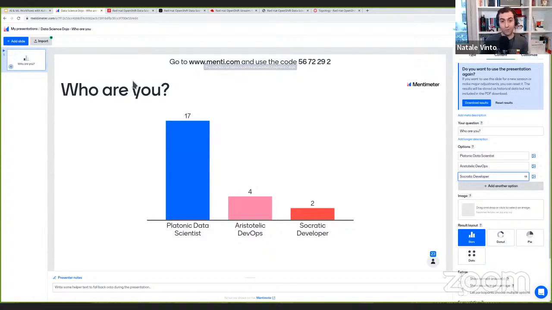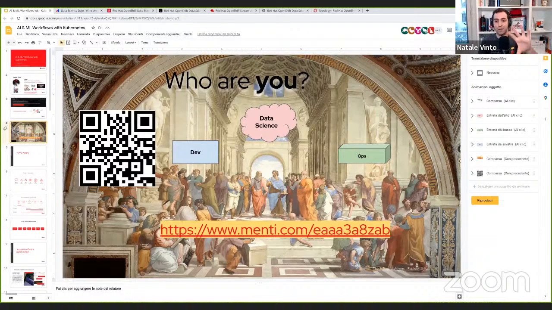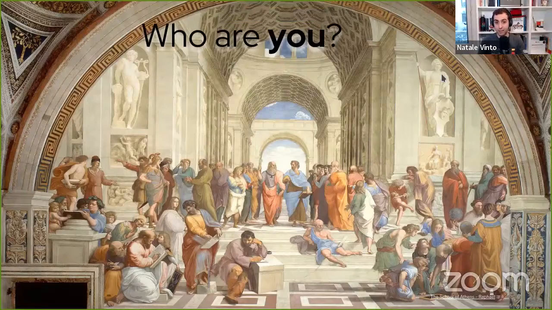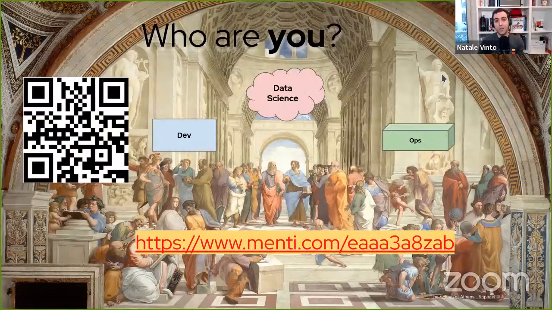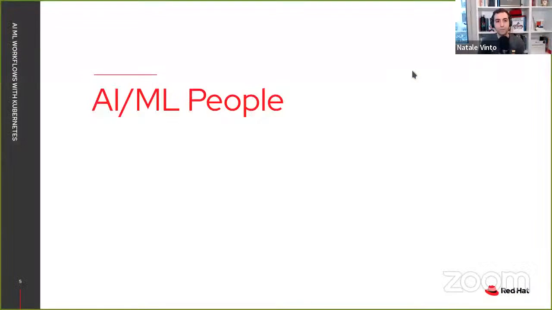So thanks for your vote. Keep voting. We will review the result at the end, but we understand that we have an audience which is mostly data scientists, which is cool, and we would like to hear your feedback as well. So we talked about who you are. Thanks for your vote.